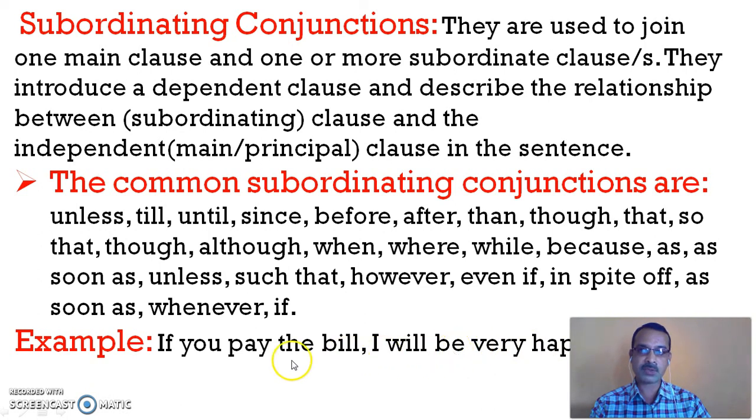But as opposed to this, if we look at this clause, if you pay the bill, this is an incomplete sentence. Suppose we are writing only if you pay the bill and we are not writing I will be very happy. That means that sentence is incomplete in its meaning. So this clause is dependent on the main clause. This subordinate clause is dependent on this main clause.